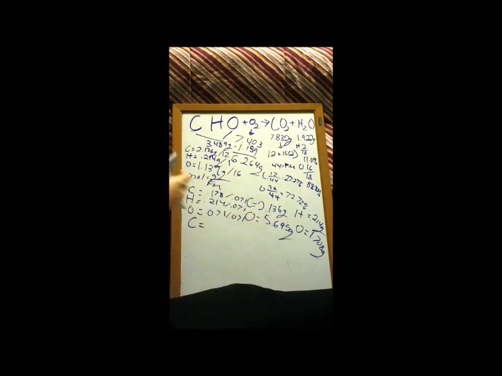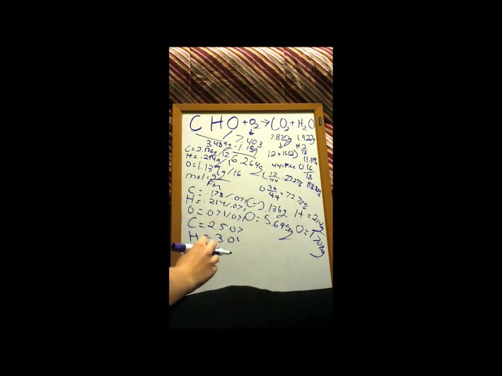So 0.178 divided by 0.071 is 2.507, and then our hydrogen is 3.01, and our oxygen is 1.